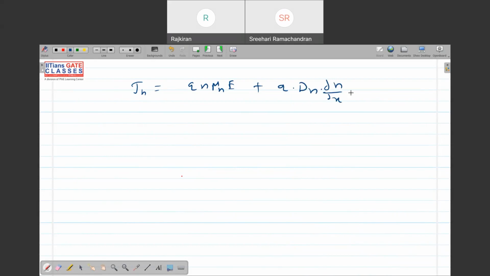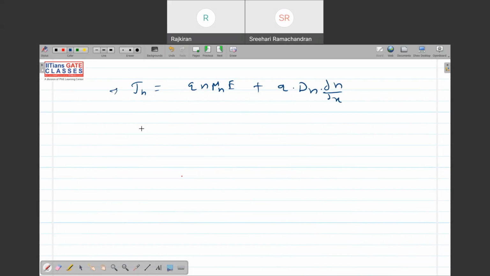How can this be represented in a very compact form? I will show that, because in order to appreciate when the current should be 0, how it will flow. Before leaving this topic, we will see this, then we will go to the diode.